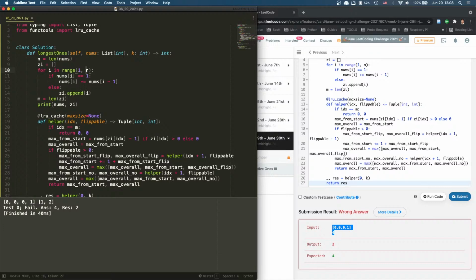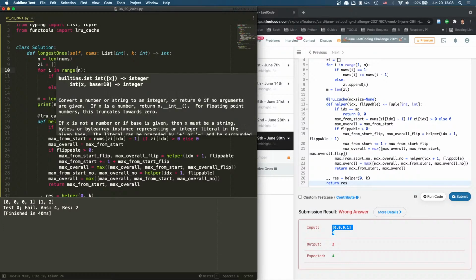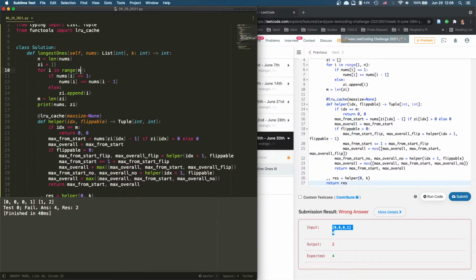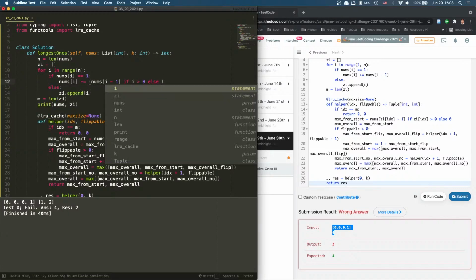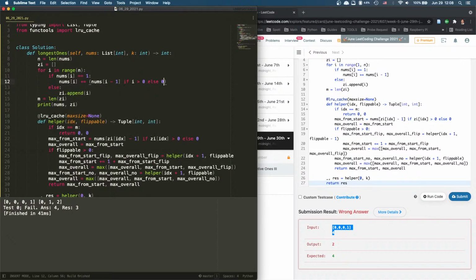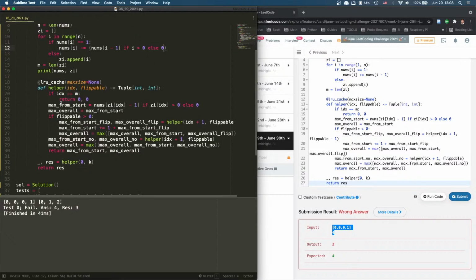Should be from n. If it was 1, then should plus this, if i is larger than 0, else is 0. Oh, now we got 3. Getting closer.